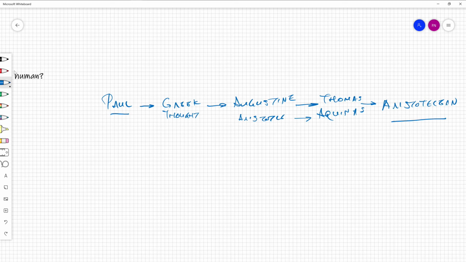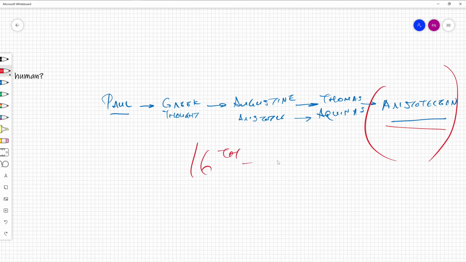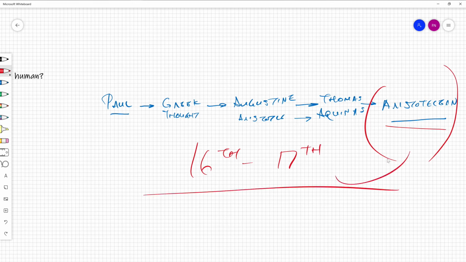The point I want to make here is that we've never left Aristotle behind, and the Aristotelian paradigm has been modified multiple times, though in effect crashing down, coming to an end in the 16th century into the 17th. In effect, we have never let go.